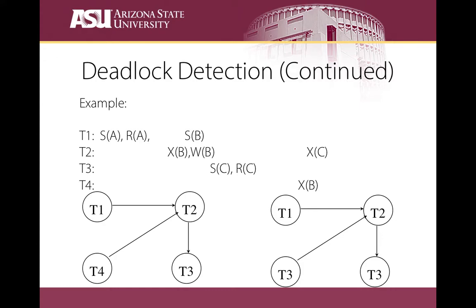I'm a little confused. Where's the edge? Okay, so what about the rest of the nodes? T2 to T3. So what about T4? Is there any edge between T4 and any other transaction?